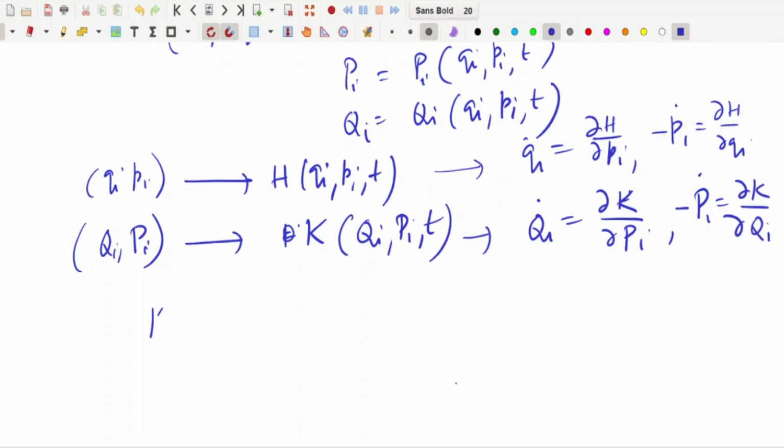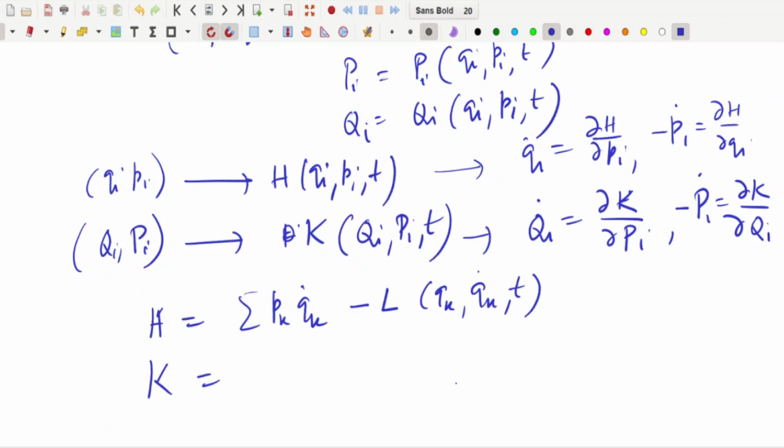You recall that H for the old set is the sum over k of pk qk dot minus L, which is a function of qk, qk dot and t, and the new Hamiltonian K will be the sum over k of Pk Qk dot minus L prime, which is a function of Qk, Qk dot and t.